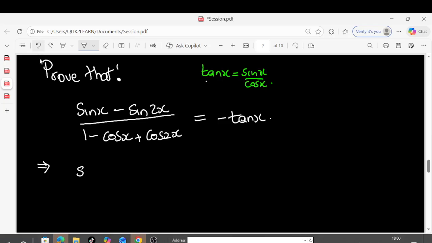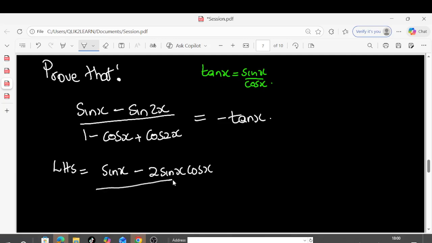I'm sorry, we need to choose the most complicated side, and I'll go with my left hand side, which is equal to sine x minus, I know that the sine 2x I can change and write as 2 sine x cos x, and everything is divided by 1 minus cos x plus.